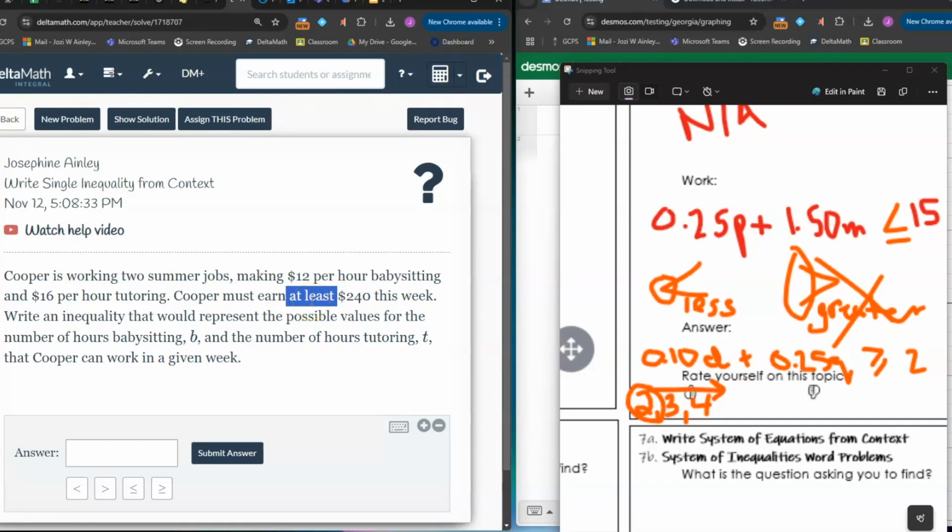Pause and think about it. I have at least $240. Okay, can I have 239? No, because I just said I have at least 240. That means 240 is the minimum I can have. So I can have 240. Can I have 241? Yes, because it says at least. So this one is greater or equal to. All right, that's all there is to it.